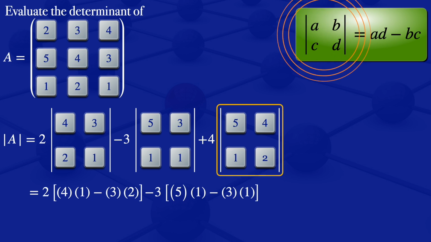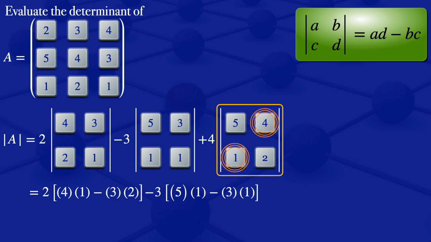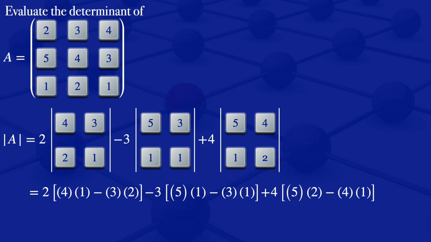For that determinant, we take the product of these 2 elements, subtract the product of these 2 elements. The result is 4 multiplied by [5 times 2 minus 4 times 1]. So we now need to simplify what is in the square brackets.